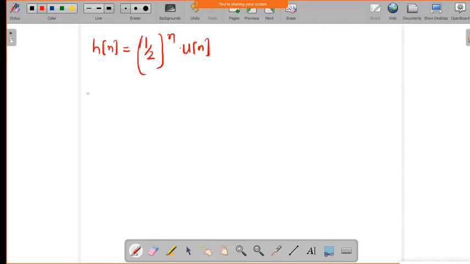Now see whether h of n is equal to 0 for n not equal to 0. It only exists from 1 to plus infinity. For other values of n not equal to 0, it is not 0. So what is the system? The system is not memoryless.